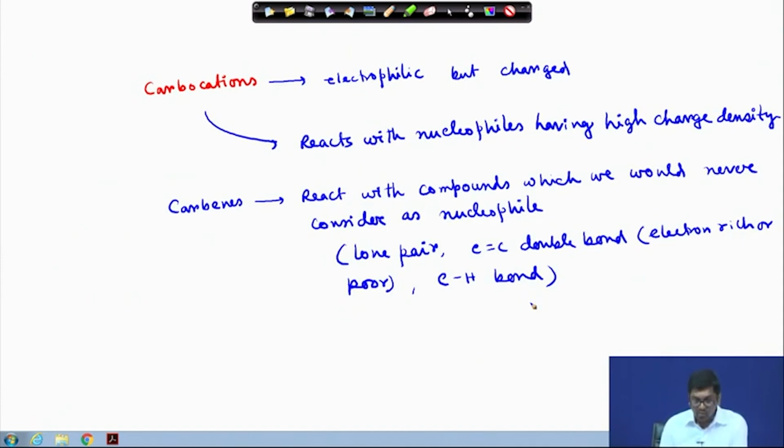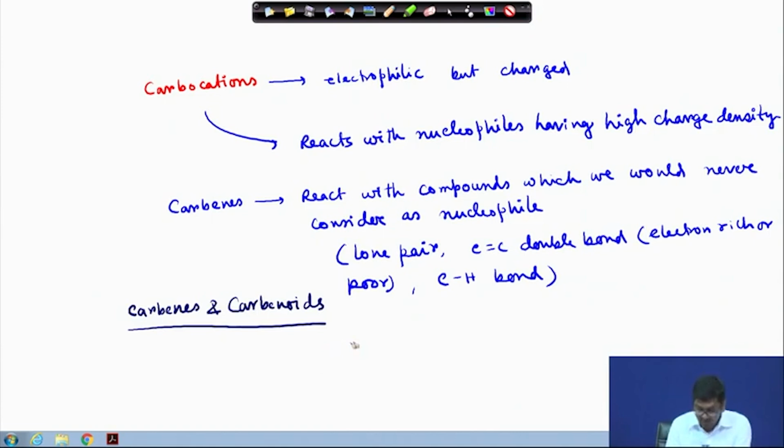Now, what types of reactions can they give? In general, we will consider both carbenes and carbenoids here. First, we will discuss addition reactions.